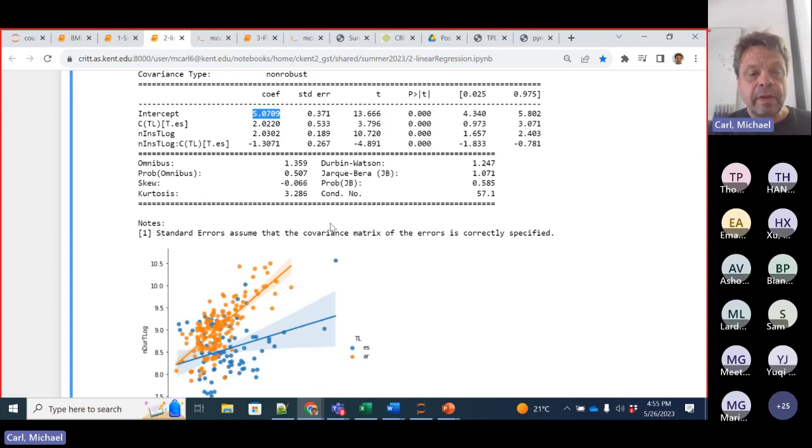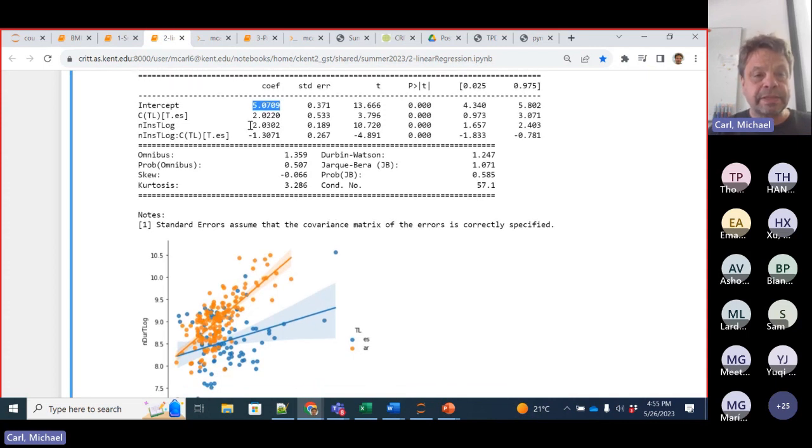And the same is the case for the slope. Here we see the slope for Arabic is 2.03, so this is this slope here. For Spanish, it's not as steep. You subtract 1.3 from this number and you come to the slope for Spanish, which is then 0.7, something like this.